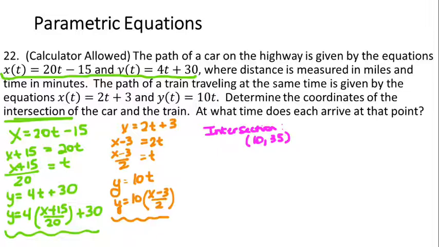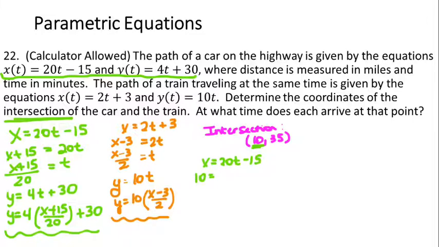So I'm going to start with the car. If the car is arriving at that point, if I'm looking for a time value, I've got to use the parametric equations, and so I have x equals 20t minus 15. I want to know what value of t gives me an x coordinate of 10, because that would be the time when the car gets to the x coordinate of 10.